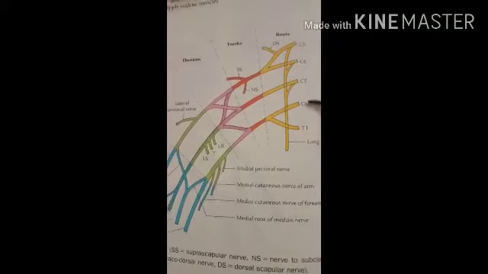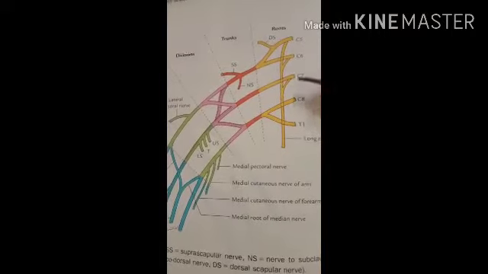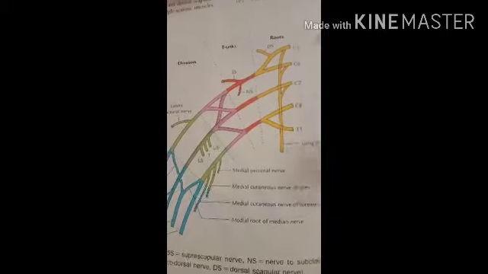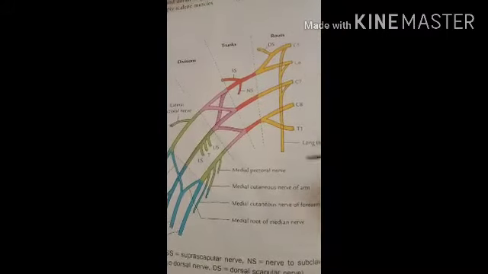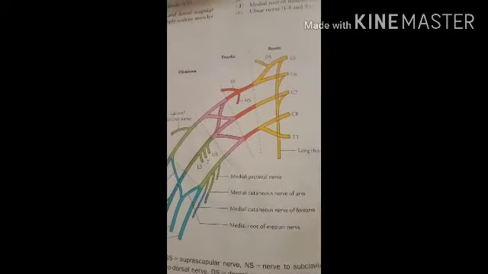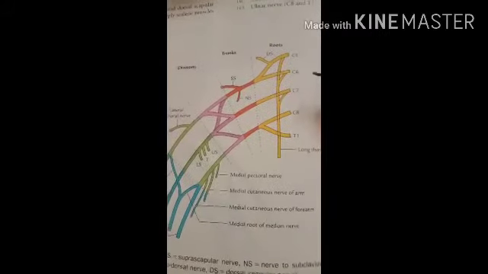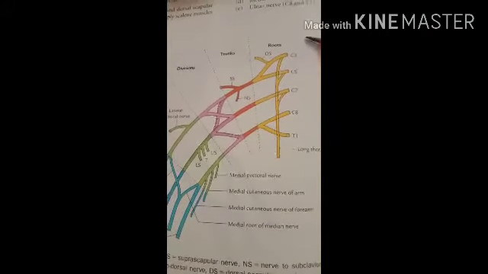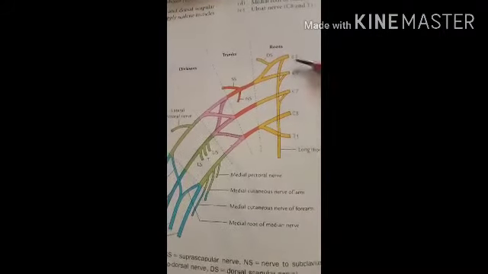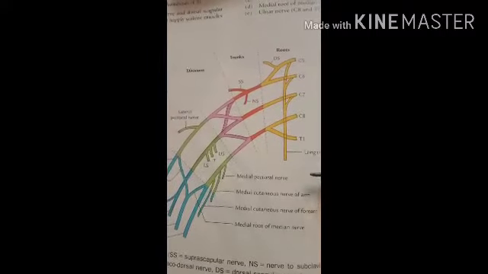The roots consist of the anterior primary rami of C5, C6, C7, C8 and T1, with sometimes a contribution from C4 and T2. There are prefix and postfix types of plexus. When the contribution of C4 is large and T2 is totally absent, that is called the prefixed type of brachial plexus.